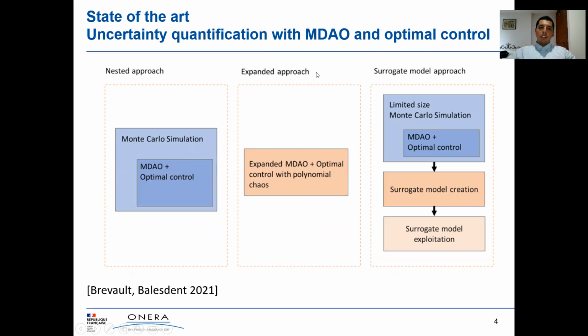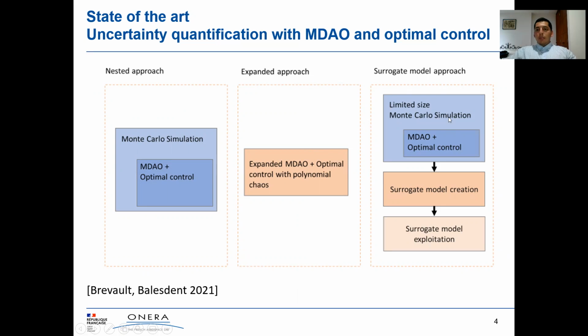A second approach is an expanded approach, where polynomial chaos is used to extend the optimization domain and solve a unique optimization problem. But this method is usually only efficient for three or fewer random input variables. The third method is the surrogate model approach.